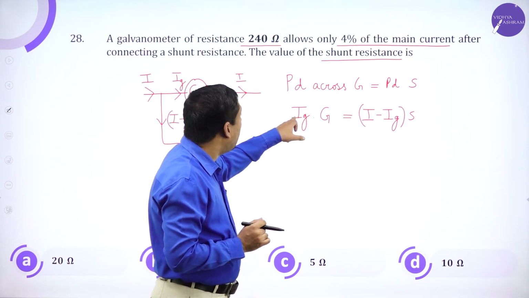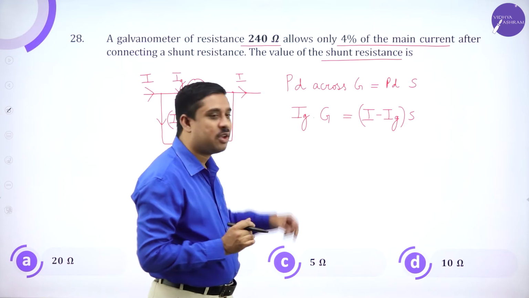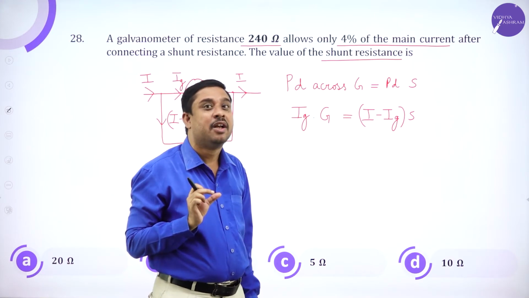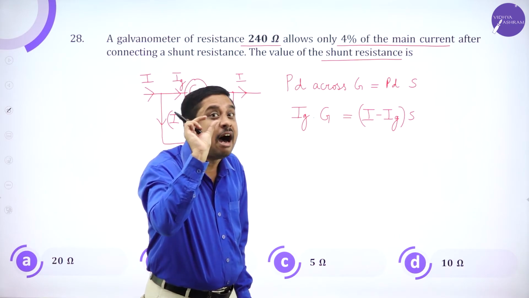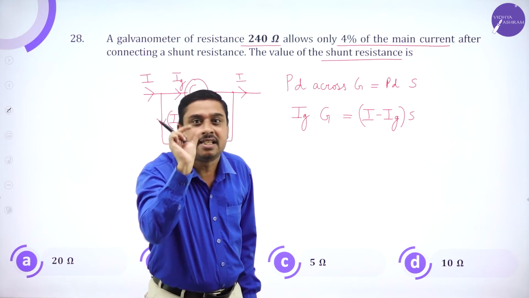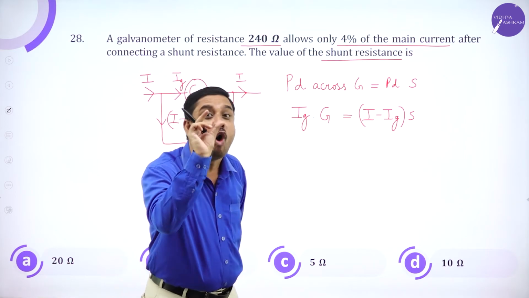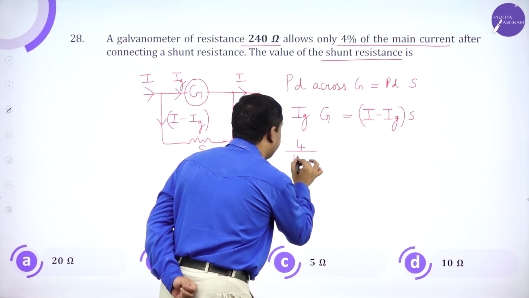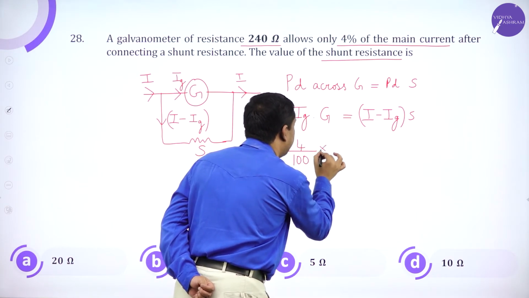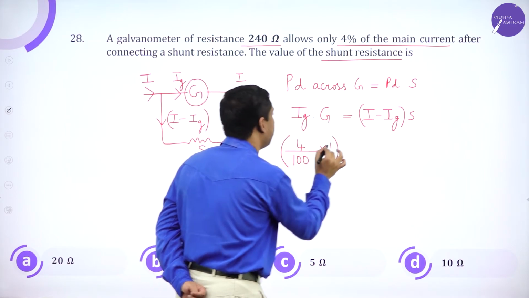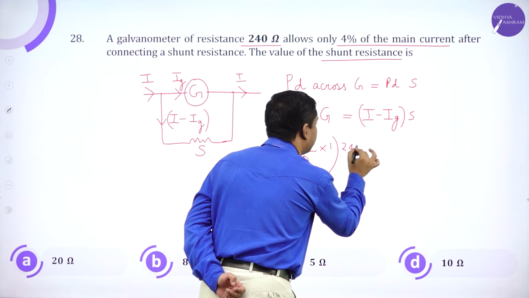Now, what is Ig? Only 4% of the main current flows through the galvanometer, not the entire main current, 4%. So this is 4 by 100 into I, into G, which is 240.